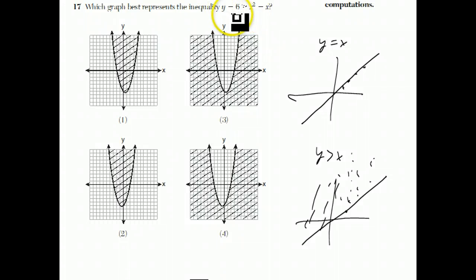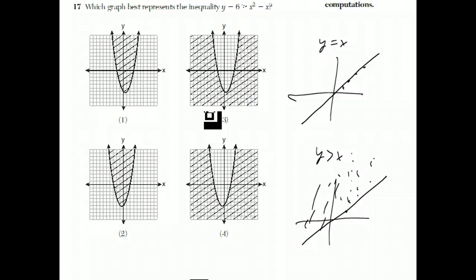So we have y plus 6 is greater than or equal to x squared minus x. Well, this parabola cuts the plane into sort of a region inside the parabola and outside the parabola.